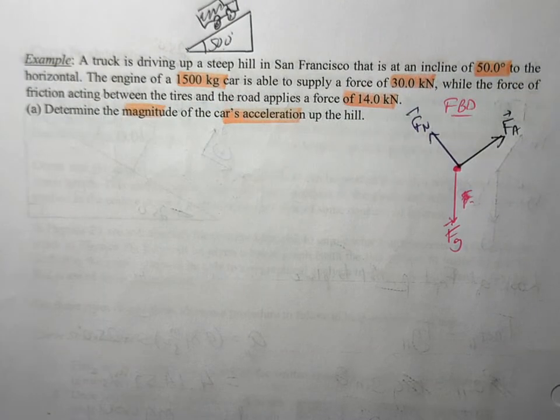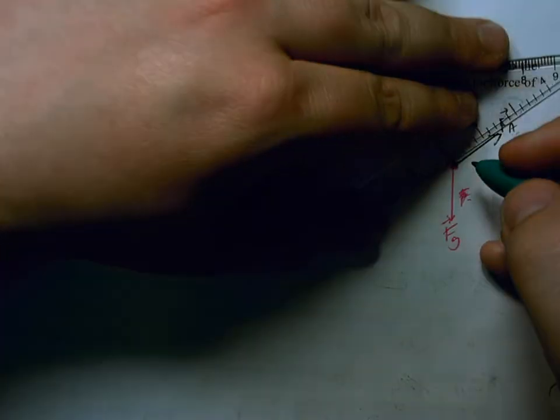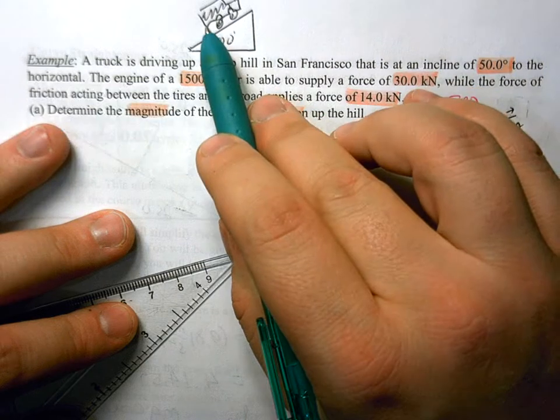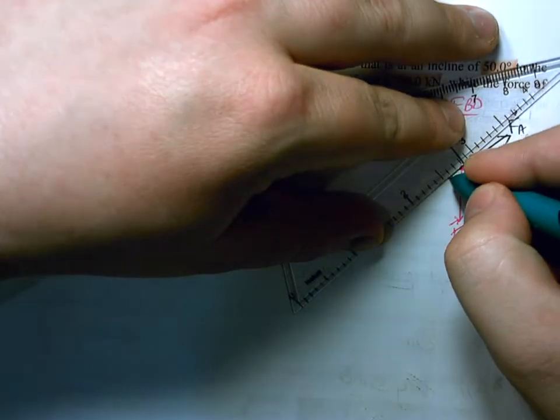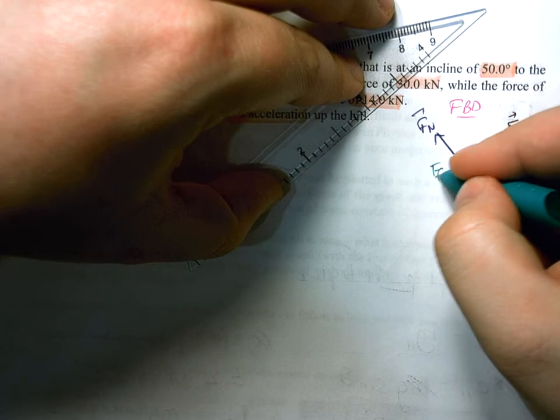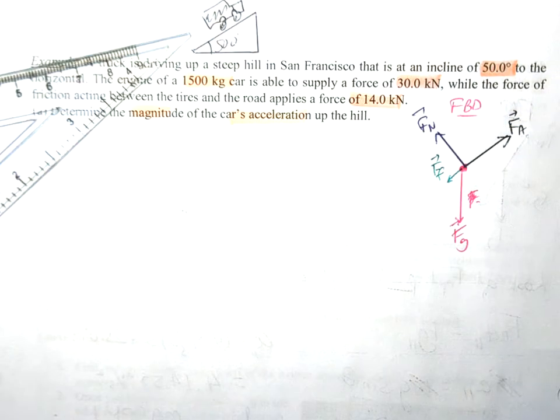And then we're told that there's a force of friction between the road and the tires of 14 kilonewtons. We want that directed against the direction of motion. So if this object's moving up the plane, force of friction is going to work against us, so we're going to have this force of friction going down the plane.